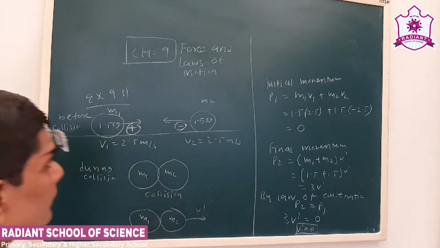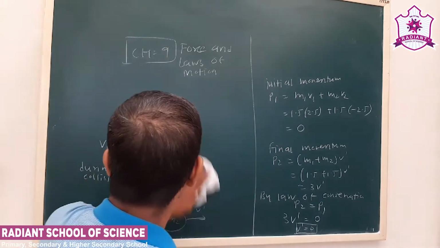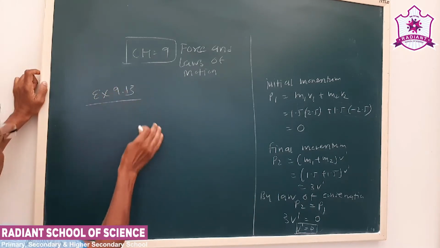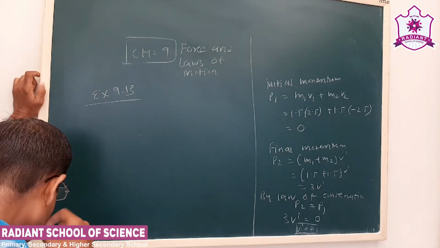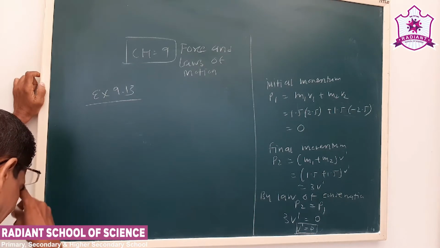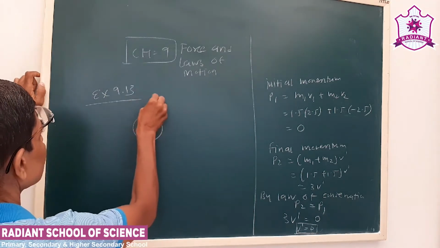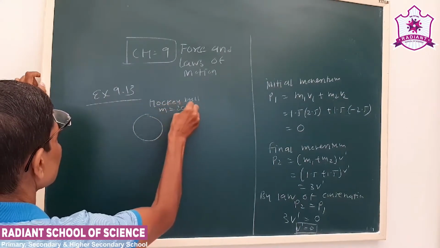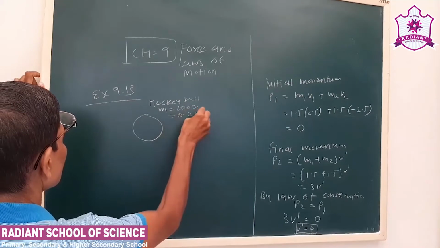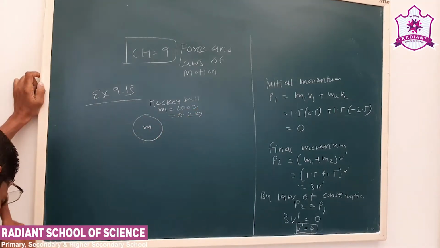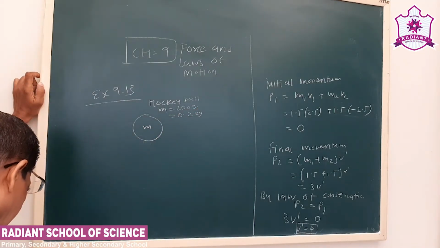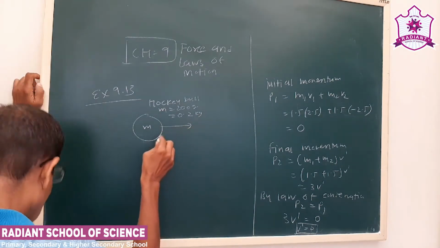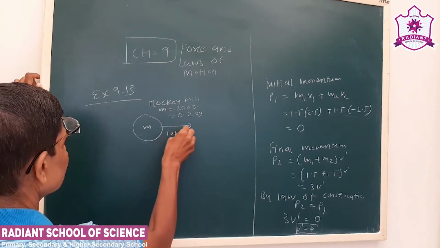Now our next is exercise number 9.30. A hockey ball of mass 200 gram is traveling with a speed of, let us say, 10 meter per second.